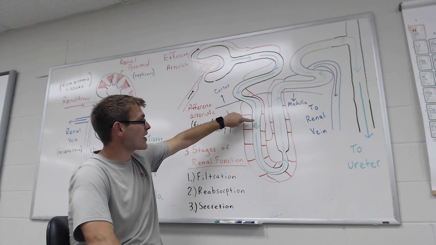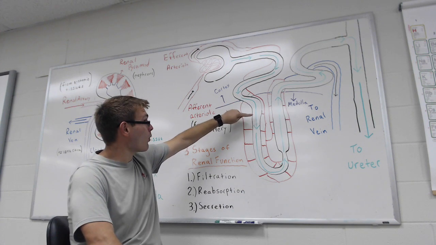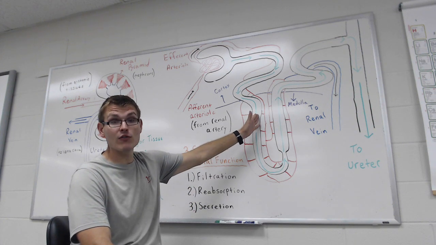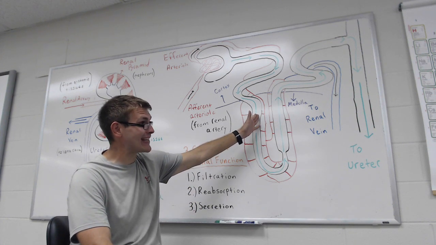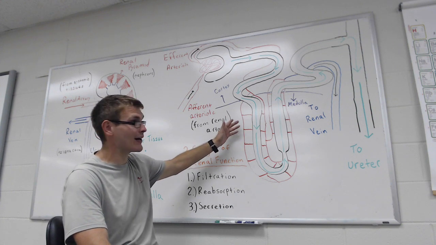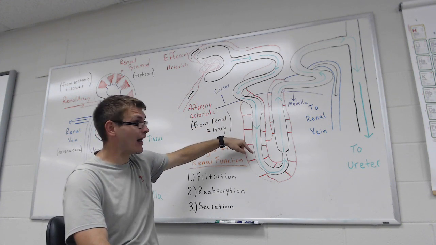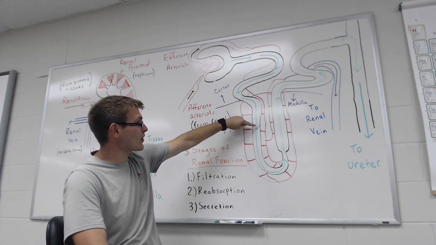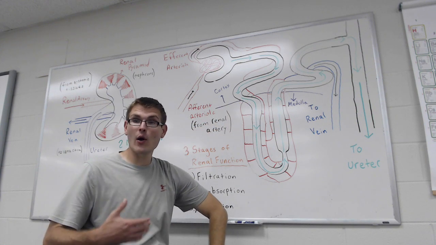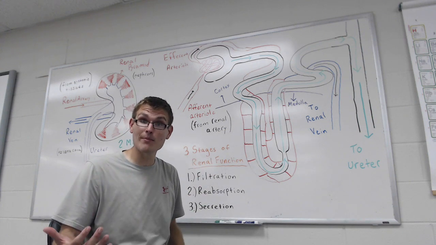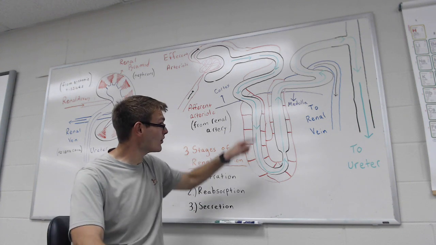Because of the overwhelming number of aquaporin channels that we have right here, water will be able to flow from low osmolarity inside the filtrate to high osmolarity out here. So we're going to reabsorb a lot of water here as well. But as this filtrate makes its way down, we are going to increase the osmolarity of the filtrate because we are removing water without removing any solutes.